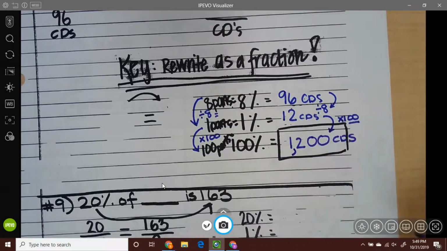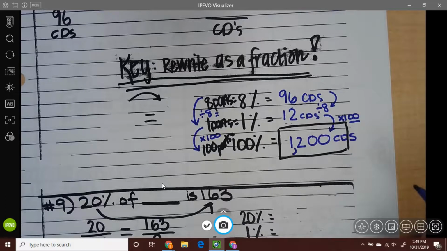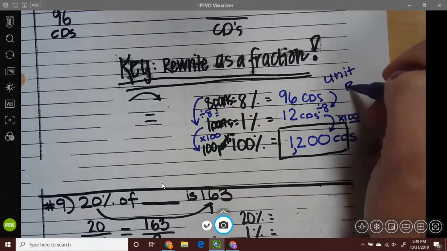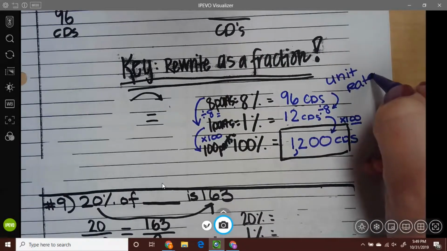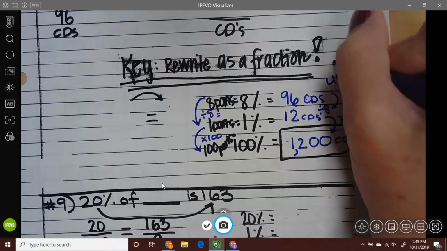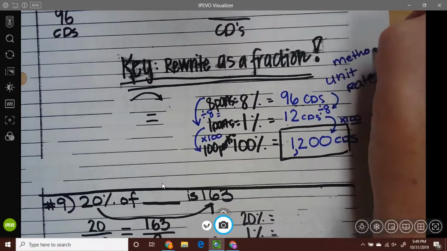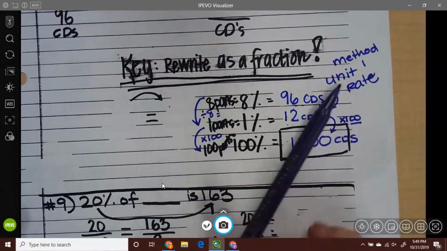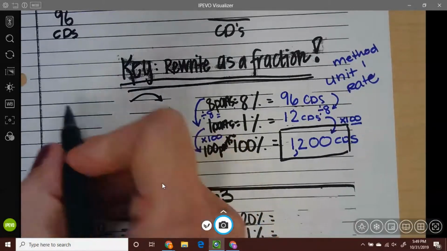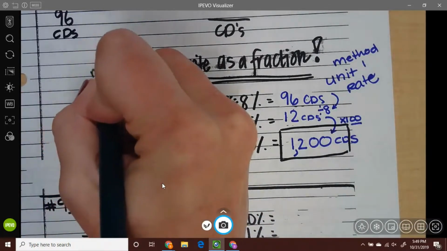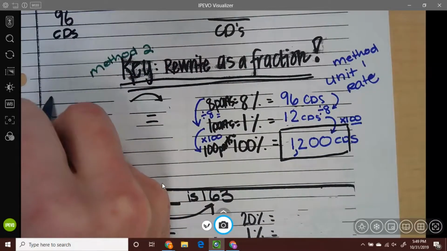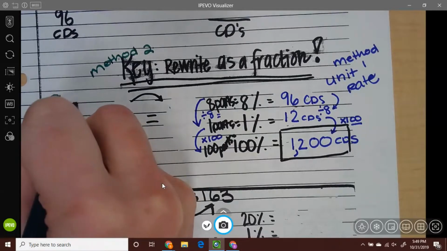Okay, so this is the unit rate method, which was method number 1. Okay, this one that says key rewrite as a fraction, that is method number 2, which you would have done 8 over 100 equals 96 over something we don't know.